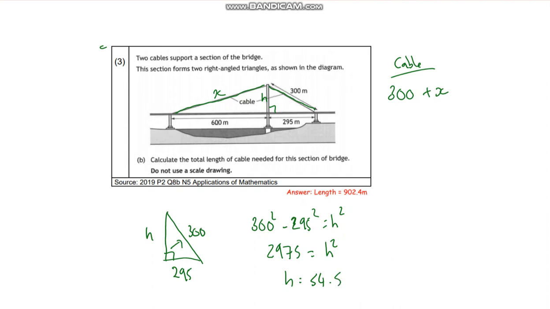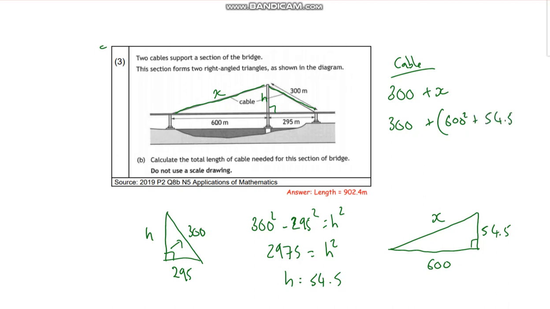And from there I'll use Pythagoras again. So to get the length of my cable, I do apologise for these drawings. I know this is 600. I know that this height is 54.5. And there's my x. So I'll go back up here and say 300 plus, and to get x, I'm going to do 600 squared plus my 54.5 squared, and that's all square rooted, isn't it?